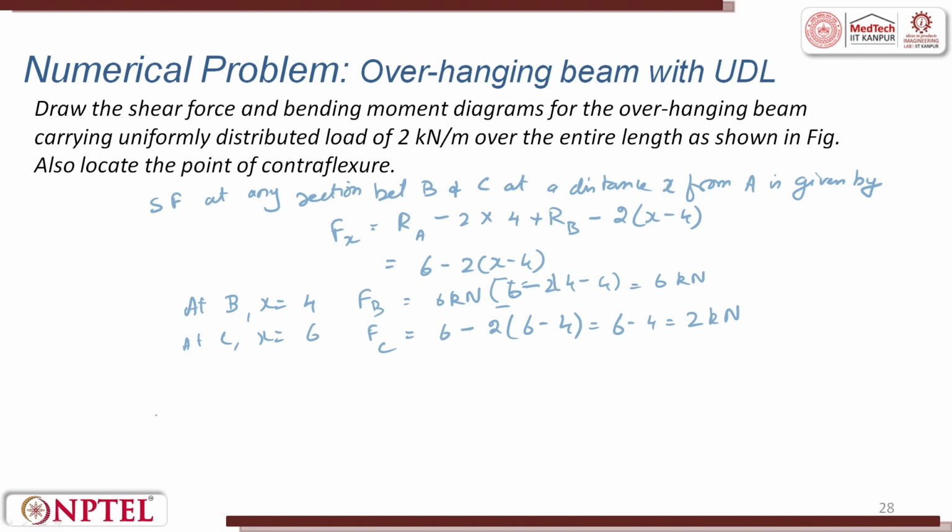So, now if we want to draw the shear force diagram, it will be something like this. This will be point A. Then it will crisscross and come to point B, then go down.